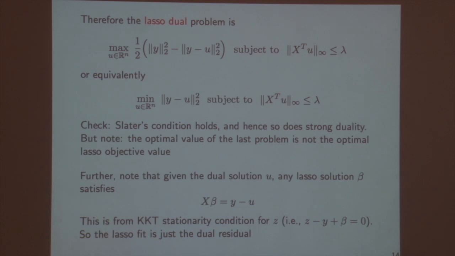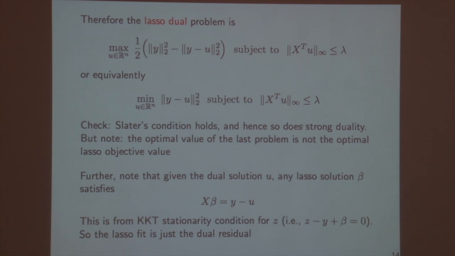Because very often you'll derive a dual and then you'll make it simpler by getting rid of constant terms and maybe flipping its sign or whatever else you want to do. But all those things are not going to affect the solution, but they'll affect the dual criterion optimality. How about the thing we care about more, which is how do we get a lasso solution from the dual solution? That might be of interest to us.